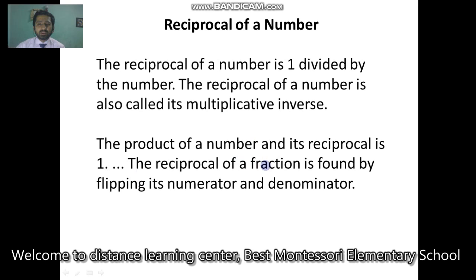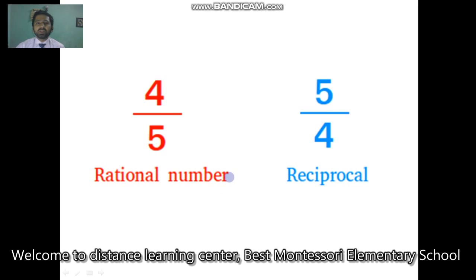A very common method of finding the reciprocal is just changing the positions of numerator and denominator. Let's take a rational number, a fraction, 4 by 5. Now 4 is in the numerator, 5 is in the denominator. Let's exchange their positions. 5 moves to the numerator and 4 moves to the denominator.